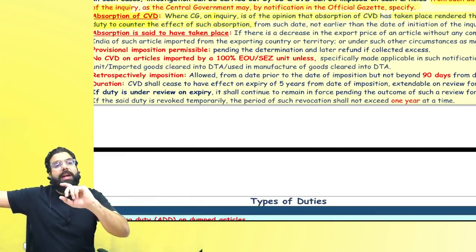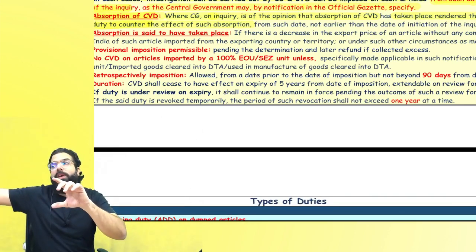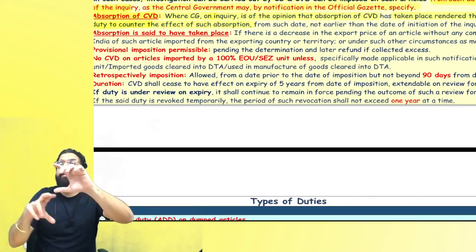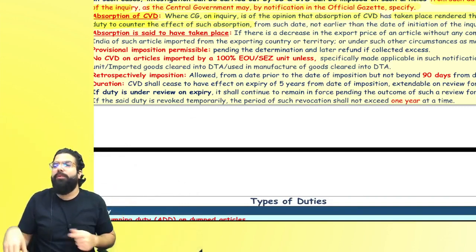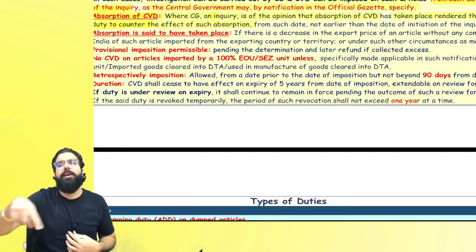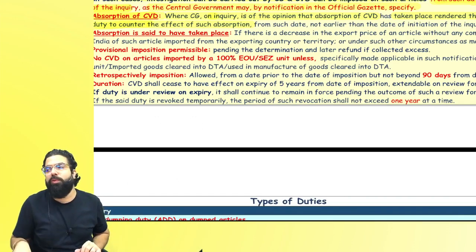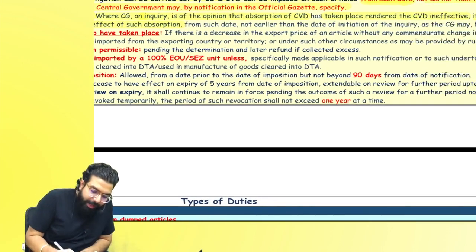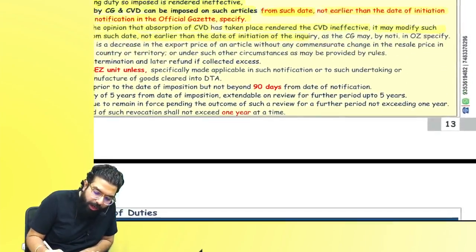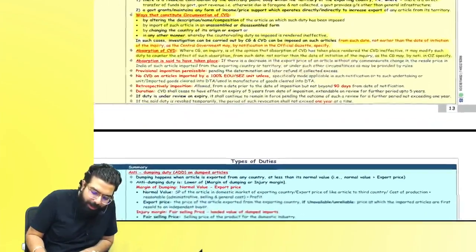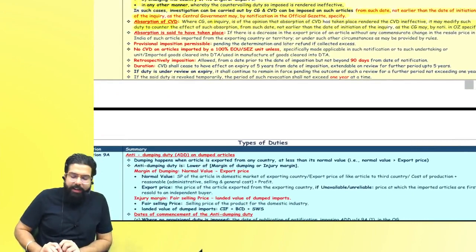It means he is doing absorption. In that scenario, whatever price he is reducing further, that much amount of CVD will be charged by the government further. Government is telling, if you are absorbing, we will increase the duty, we will modify the duty which was already levied. Right, everyone? From such date, not earlier than the date of initiation of the inquiry, as the central government may by notification in the official gazette specify.